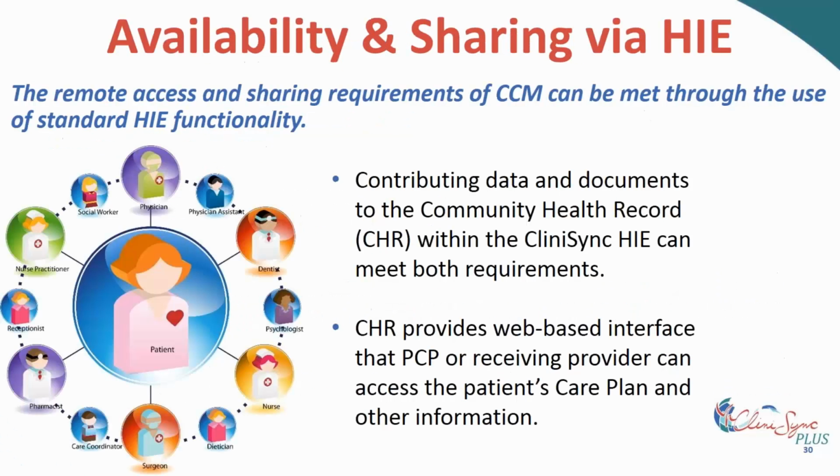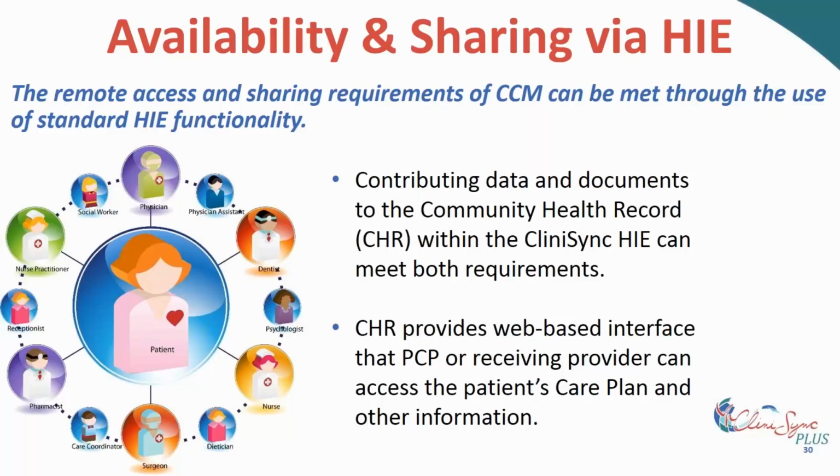But again, there is another way that you can meet both the availability requirement and the sharing requirement for chronic care management. And this is by utilizing standard HIE functionality. In the CliniSync HIE, we call this the community health record. So if the practice is contributing data to the HIE, they can build that care plan, share it to the HIE, and it'll be posted to the community health record.